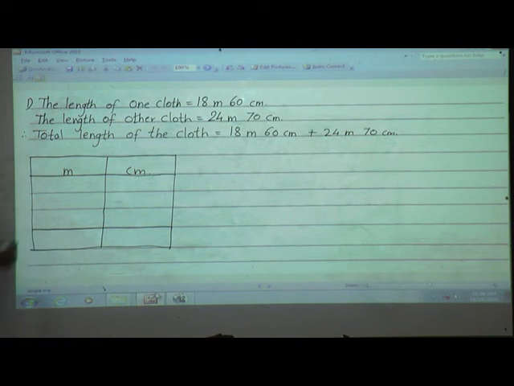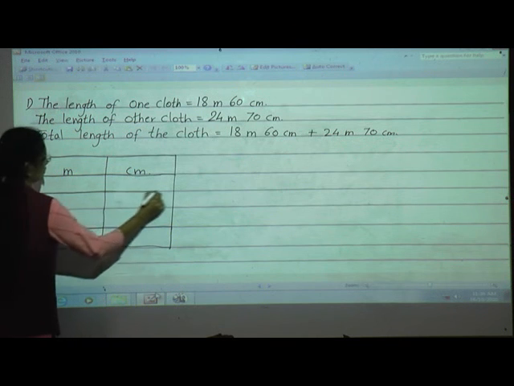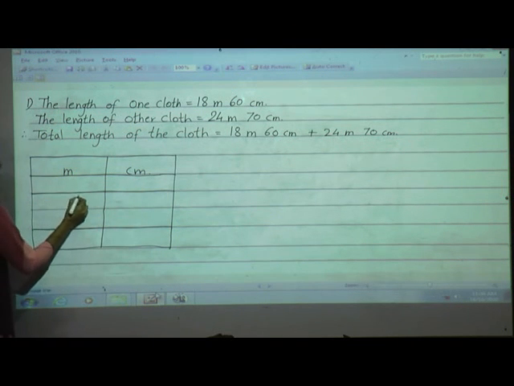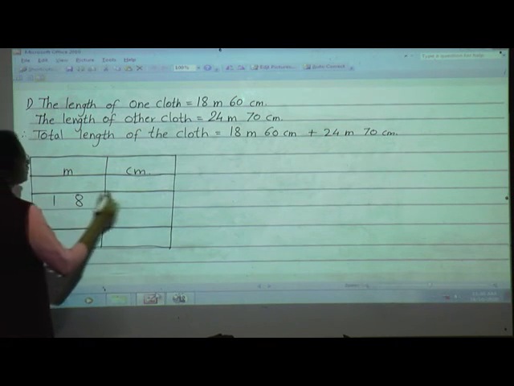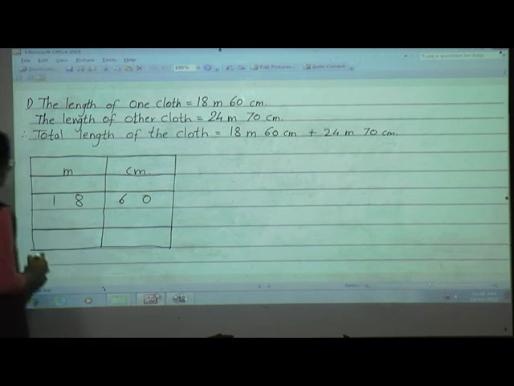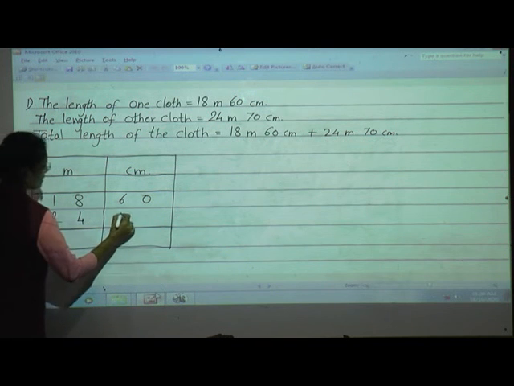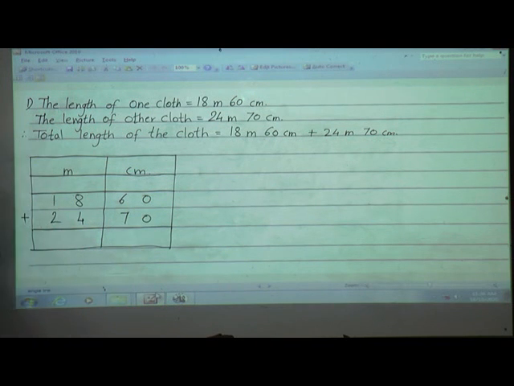See, what is the first length? 18 meter 60 centimeter plus the length of the other cloth, 24 meter and 70 centimeter. Now it's very simple. You have to add these two lengths, then we will get the total length of the cloth.